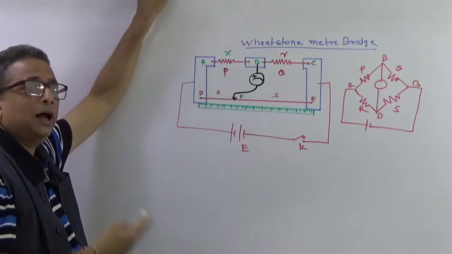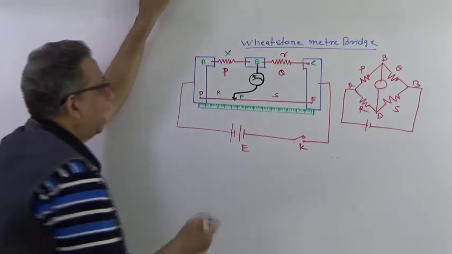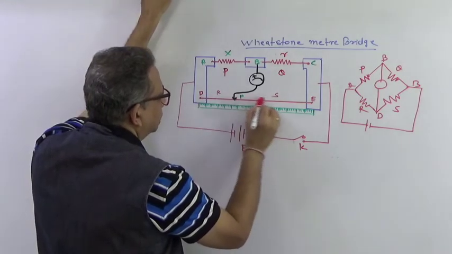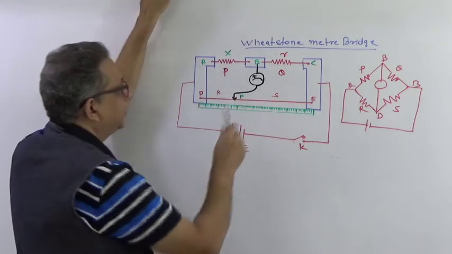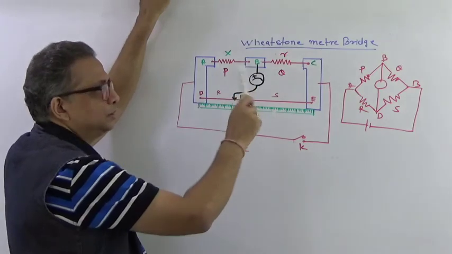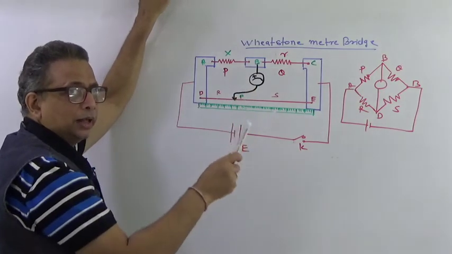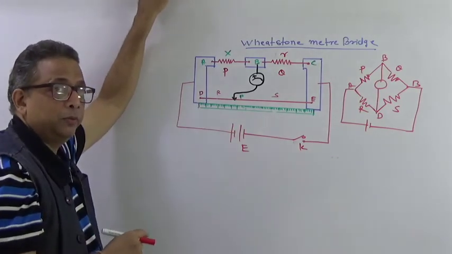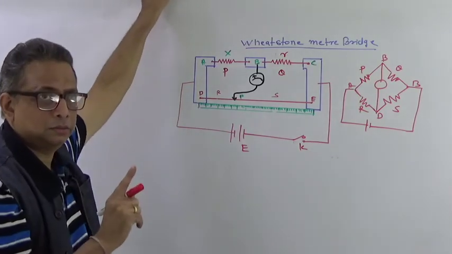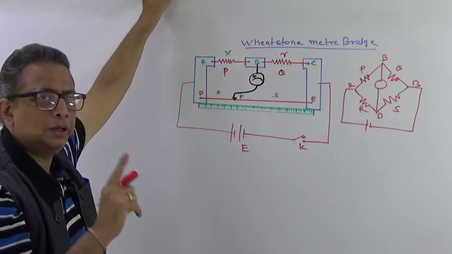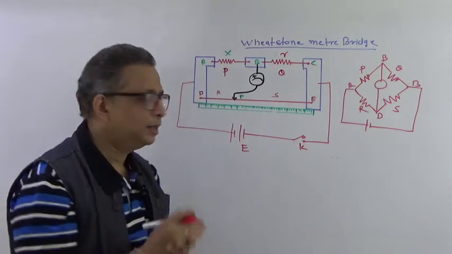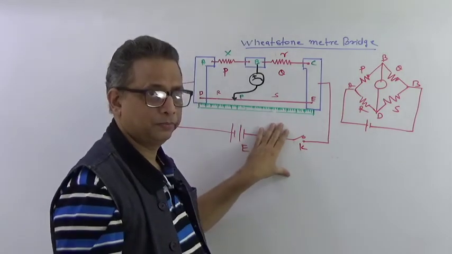As I keep moving this jockey along this wire, I will get certain deflections in the current, and there will be one particular point where the galvanometer will show 0 current. Only at that point will the galvanometer show 0 current. What will that indicate?